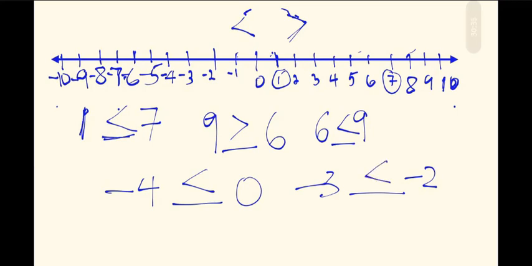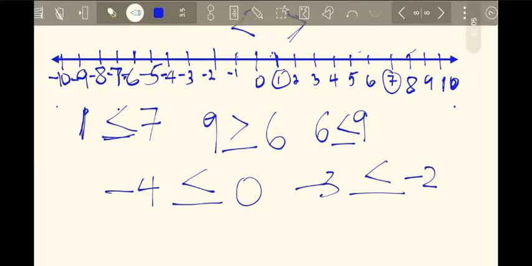Okay, I'm going to give you an exercise. This is what you are going to do. I'm going to give you a set of numbers, and then you arrange those numbers from the smallest to the largest.